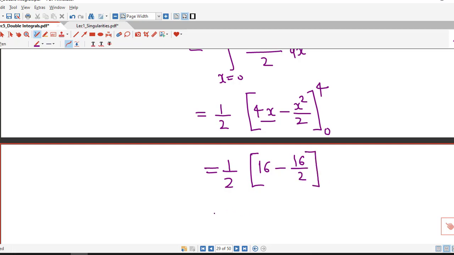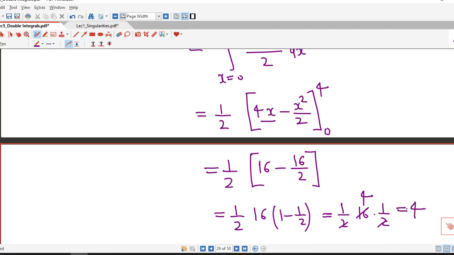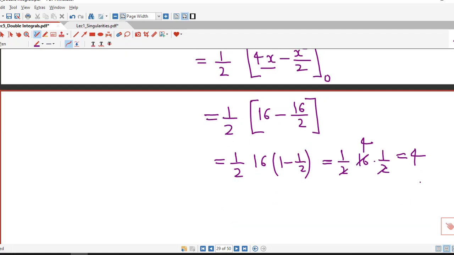For the lower limit it is 0. So now we can take 16 common, and we have 1 minus 1 by 2, that is 1 by 2 into 16 into 1 by 2. So we obtain that the integral has value 4.